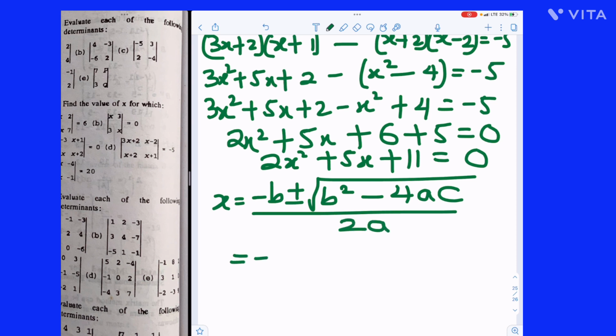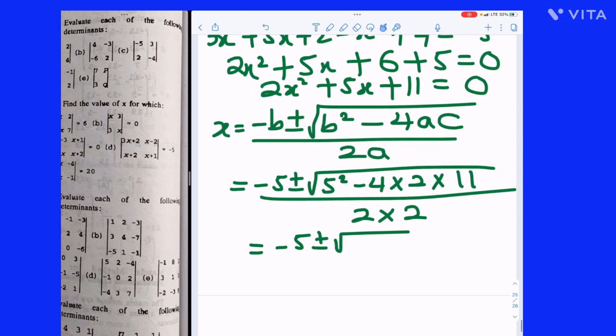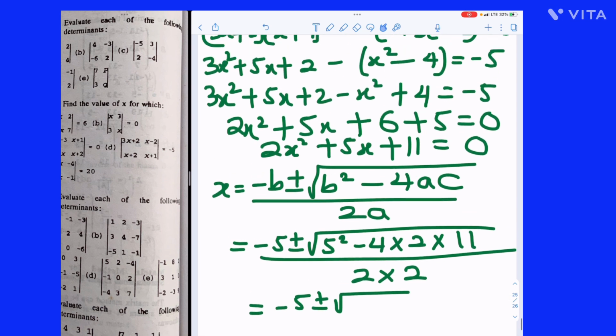X will be minus 5 plus or minus square root of b squared, that's 5 squared, minus 4 times 2 times 11, that's minus 4ac, over 2 times 2. That gives you minus 5 plus or minus square root of. Now, 5 squared is 25. I hope I didn't make a mistake here.